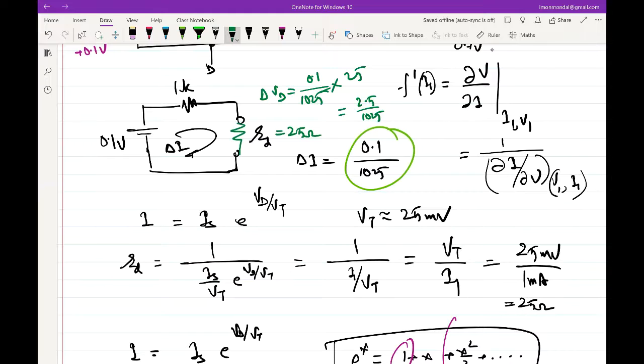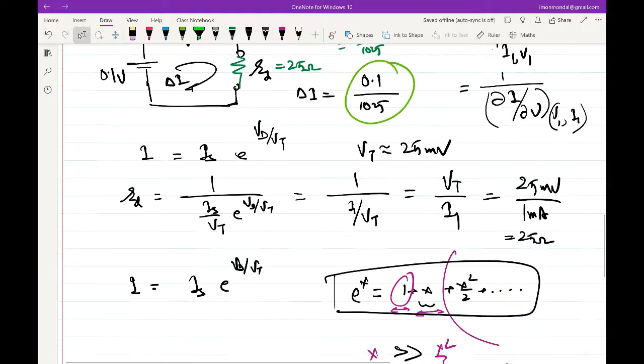So how do I neglect? I have to neglect the higher order terms. The original operating point is the first term, that 1 in this case, and the plus x is the incremental term, the first order term. If I neglect all the higher order terms, this essentially becomes the original term plus increment.